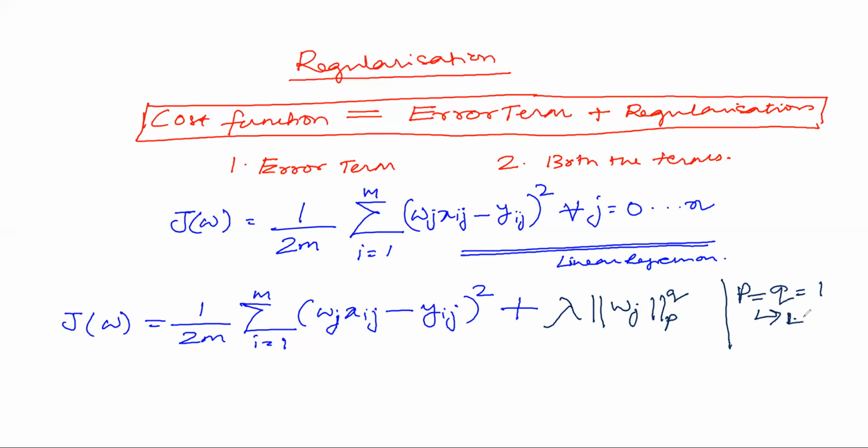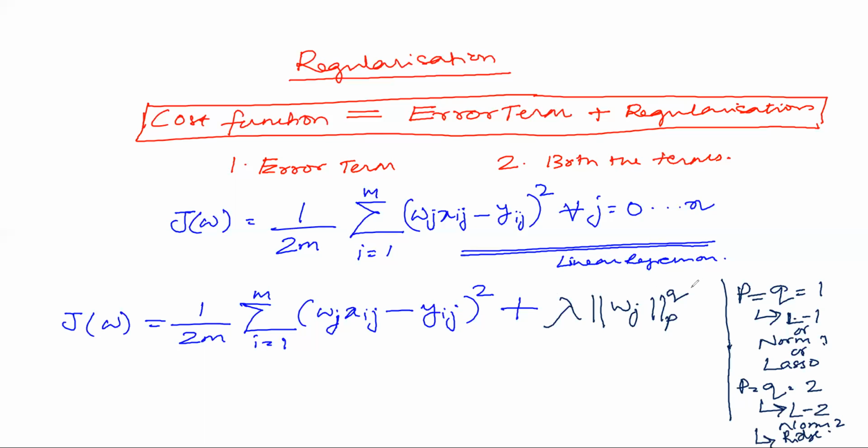this is my L1, or norm 1, or lasso. When p is equal to q is equal to 2, then it is my L2, or norm 2, or ridge, right?